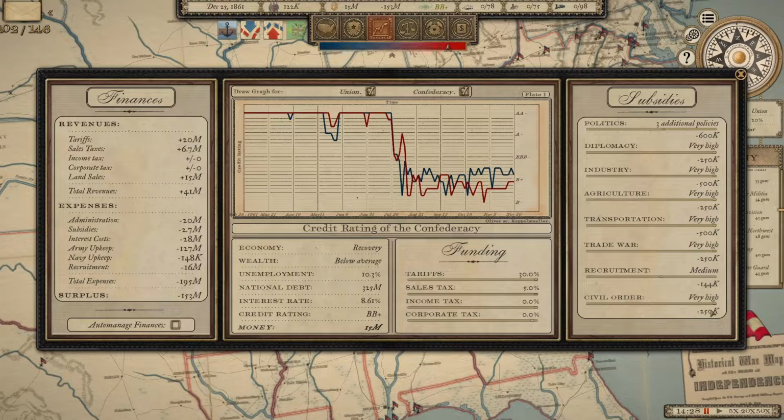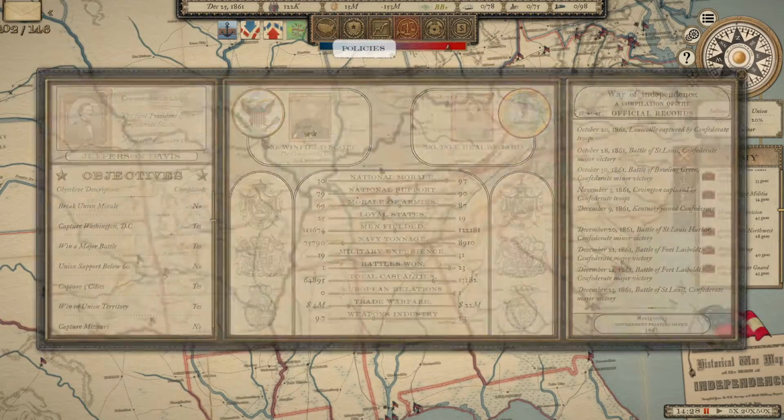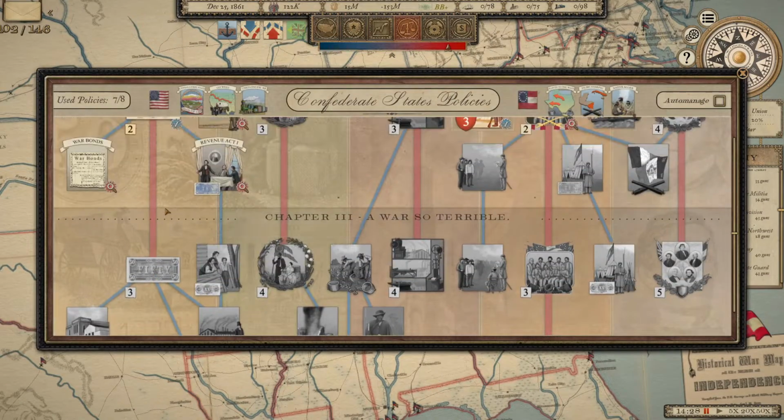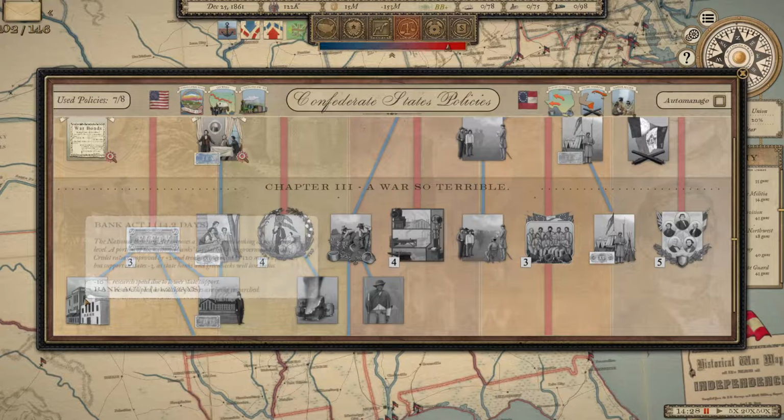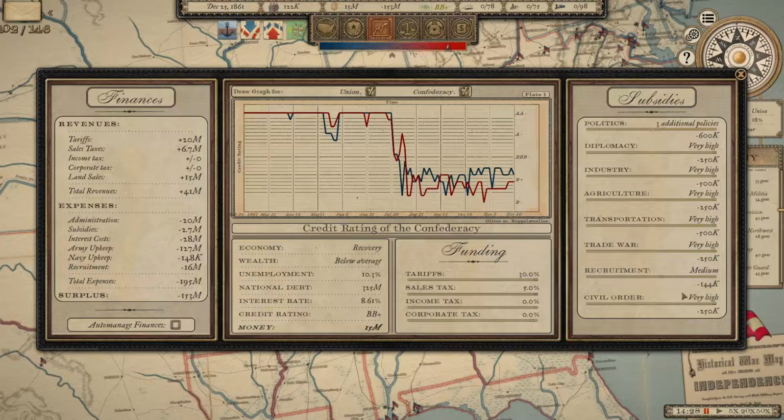So for the low cost of $250,000 a year, down the line, if you're willing to go through the funding route, which is a good idea if you're worried about the money, you're then going to get $120 million a year, and the loss of state support would be negated by the earlier investments in preserving state support through the civil order subsidy. So to me, you're stupid not to take it.